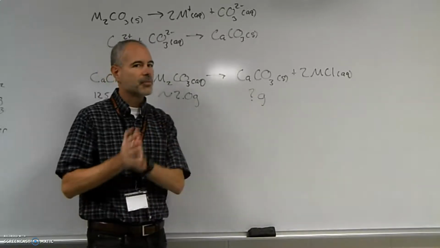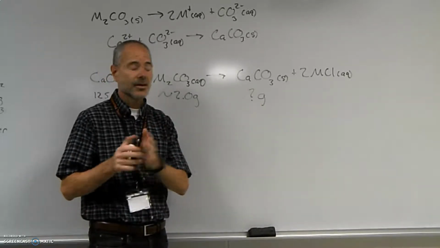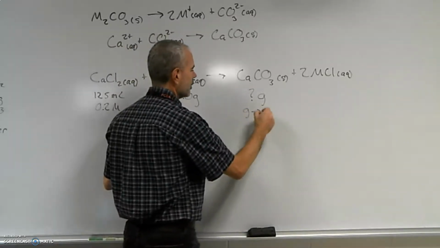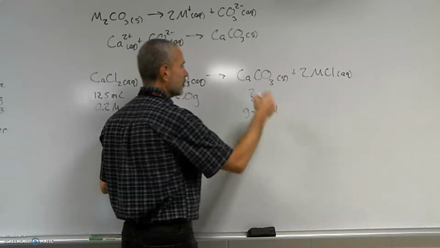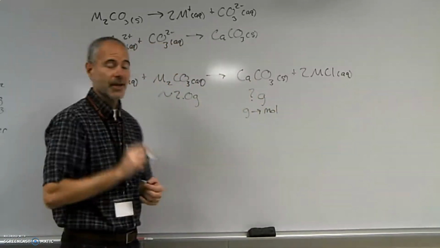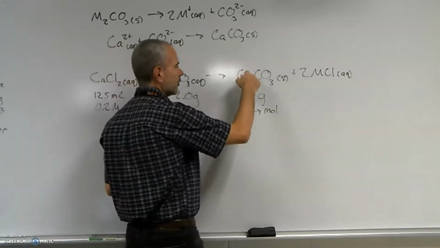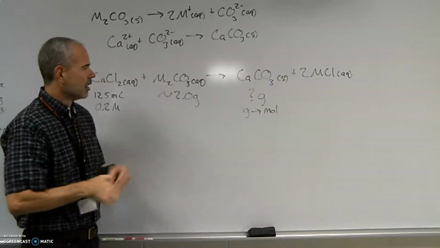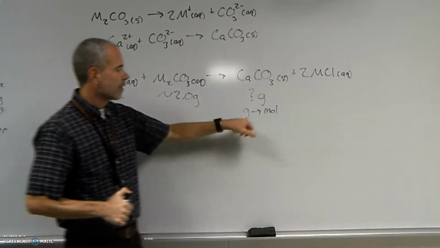If I know how much mass of calcium carbonate I have, I can therefore turn these grams into moles based upon the molar mass. You would have to figure that out. What is the molar mass of calcium, carbon, and oxygen? Three of them. Rolling all that together, I can go grams to moles.